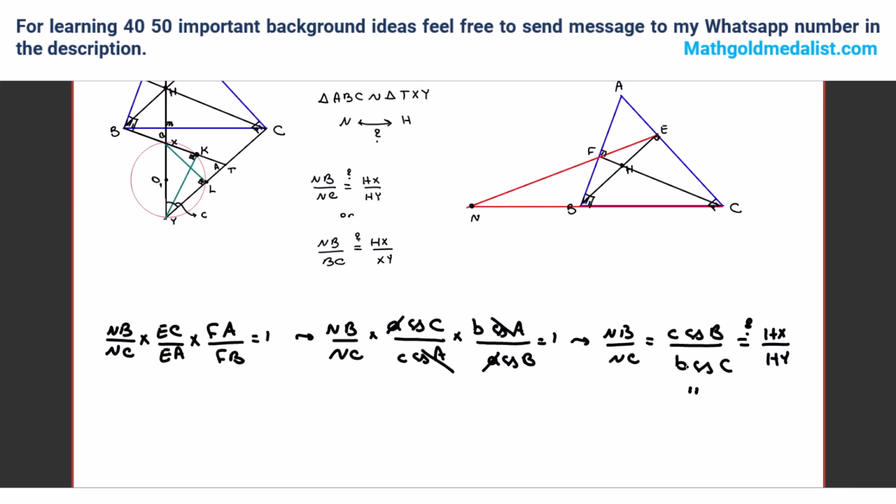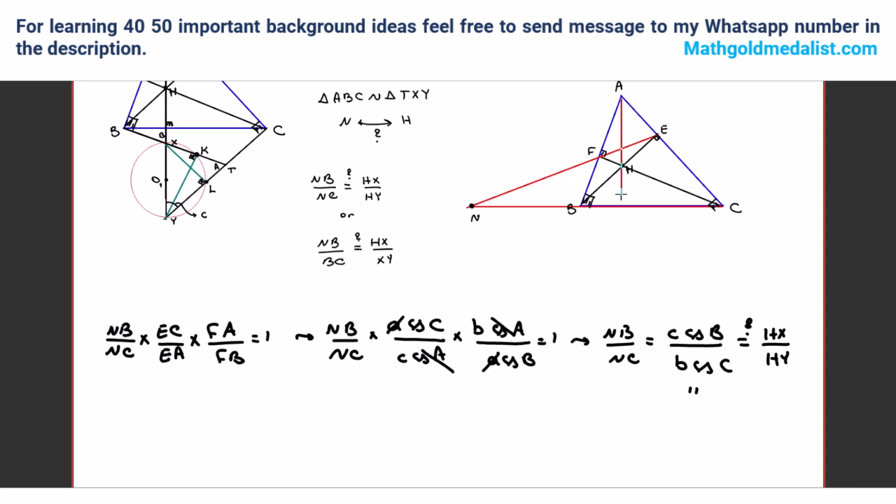Let me write C cosine B. C is this one. C cosine B you said is DB over DC. D is this part? Yeah.